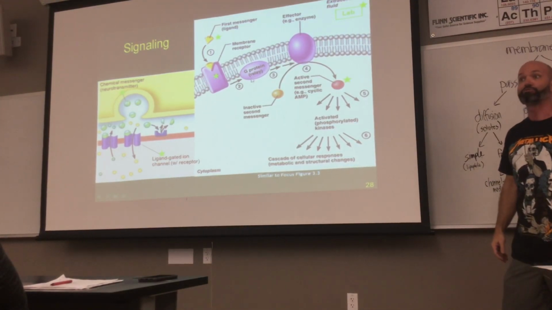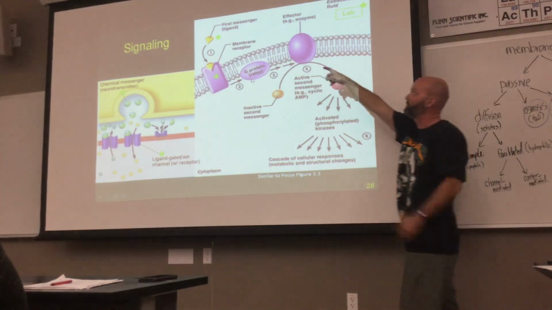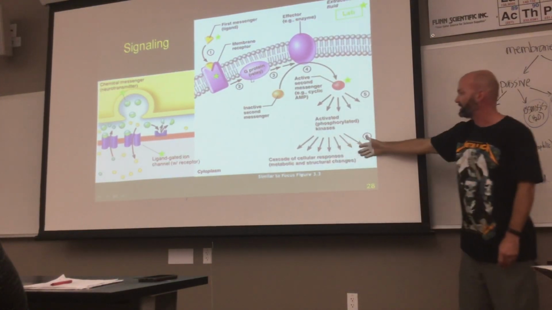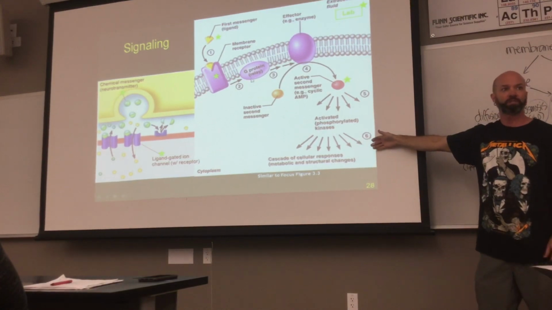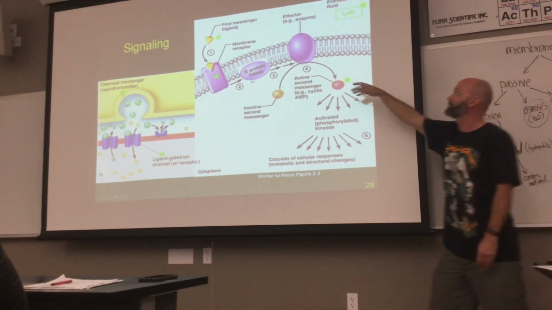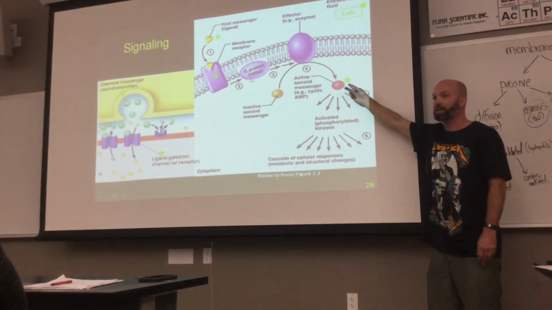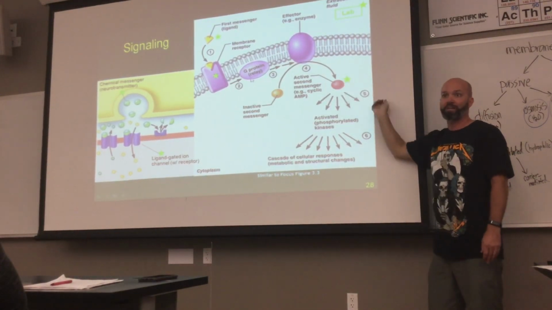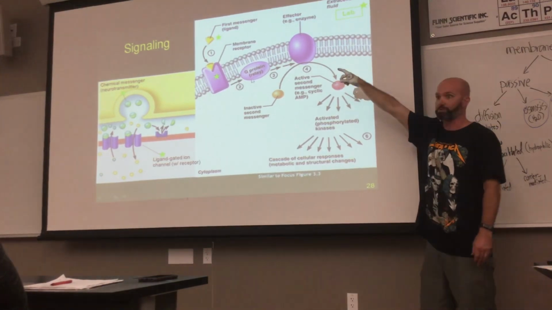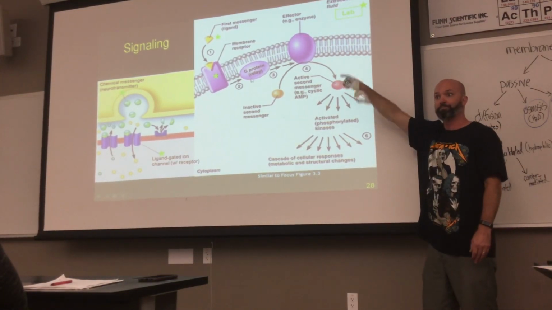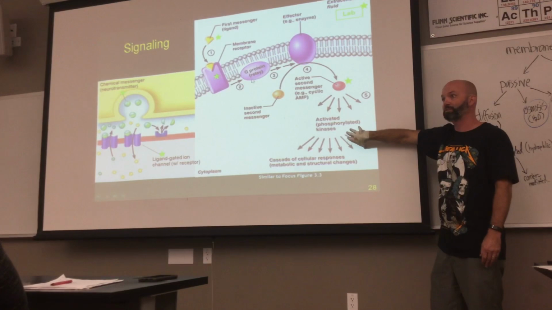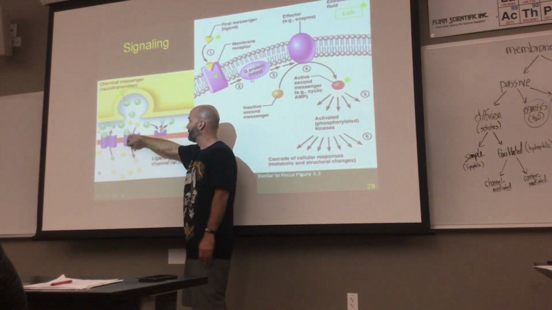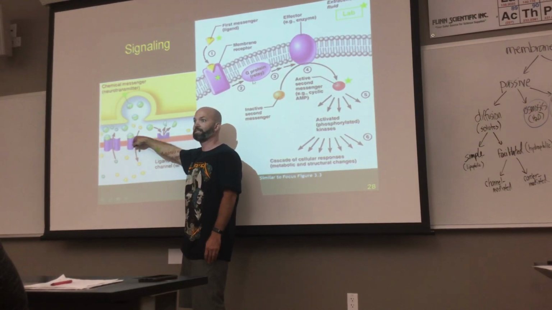However, you get a huge response because that one chemical messenger binding to that one receptor can result in the phosphorylation of millions of proteins. Because once you switch on adenylate cyclase, you're going to be cranking out the second messenger. So this pathway provides amplification. That original signal becomes strengthened down this pathway. Here, one neurotransmitter opens one channel, and that's it.